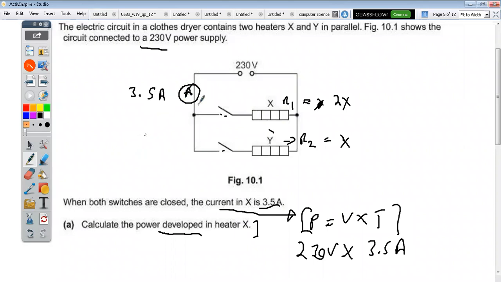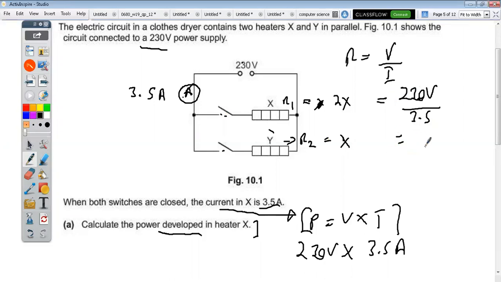Because this is 3.5, the effective resistance of these two resistors, we simply get it because we know the voltage, we know the current. We know that the resistance is equal to voltage divided by current. So it's 230 volts divided by 3.5. What do you get? The effective resistance contributed by these two resistors.